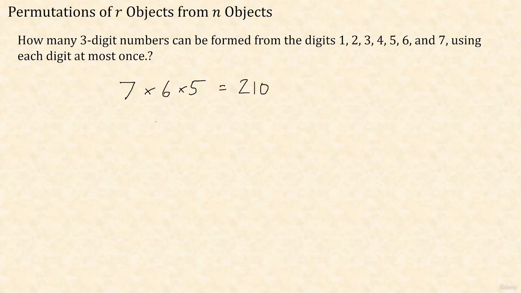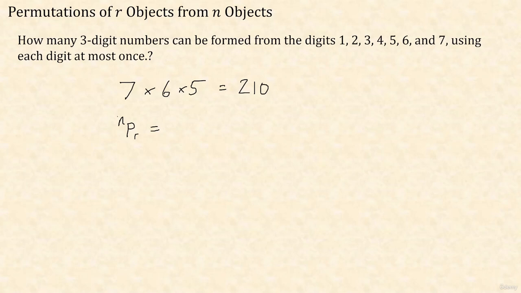Now, this actually has its own function called the permutation function. And so the definition of nPr is, well, let's build it up from this. In this case, we had 7 times 6 times 5, and that's because it was 7 and we were picking 3.